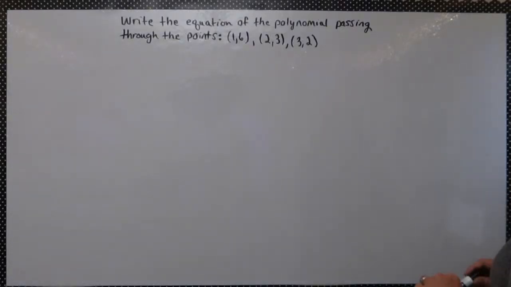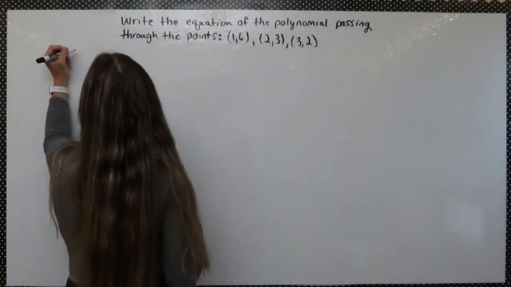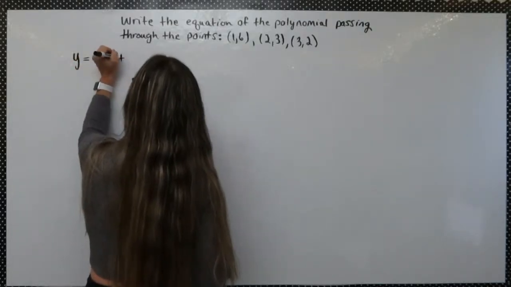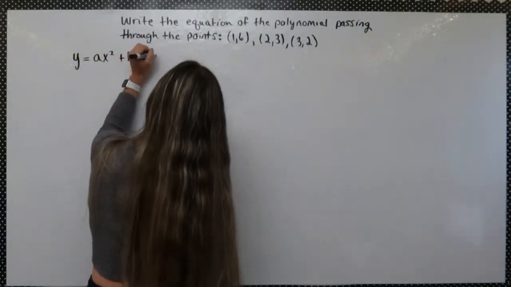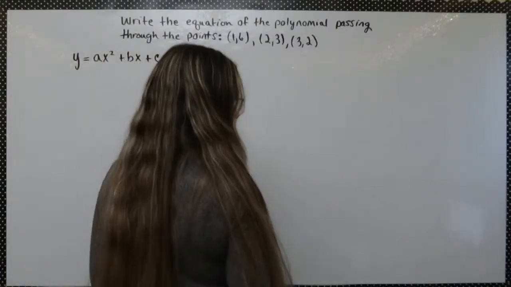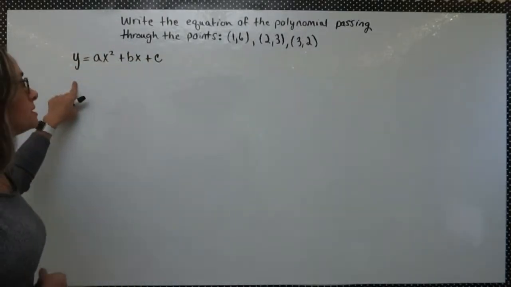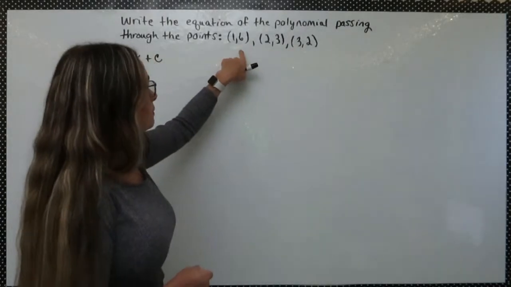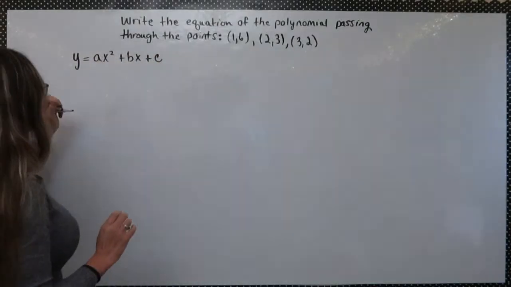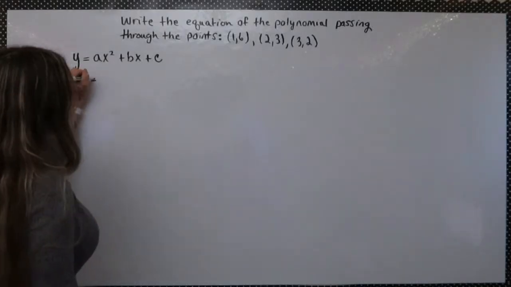So what we're gonna do is pull out the form for the polynomial, that's y equals ax squared plus bx plus c. Since we have 3 points, we're going to write 3 separate equations. The first one is when x equals 1, y equals 6.